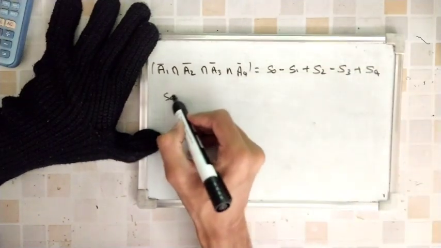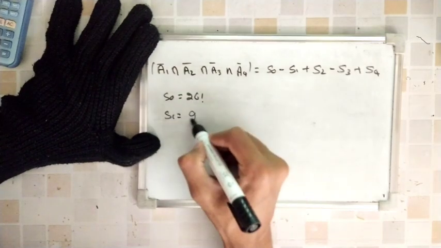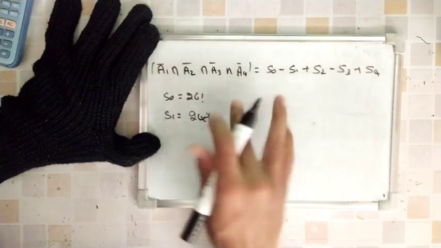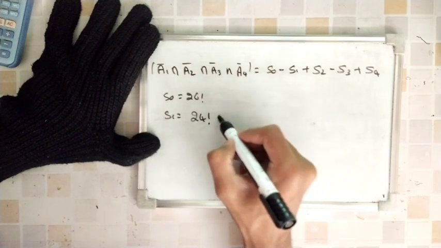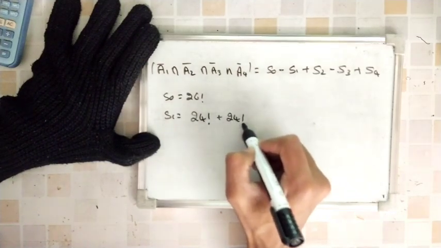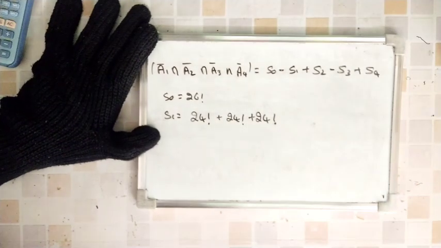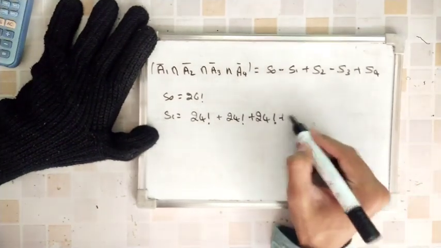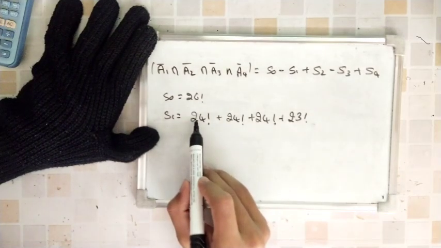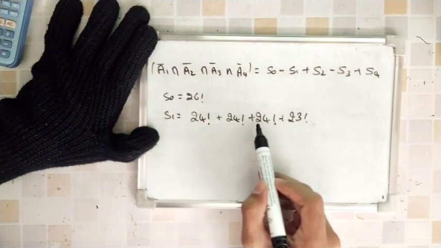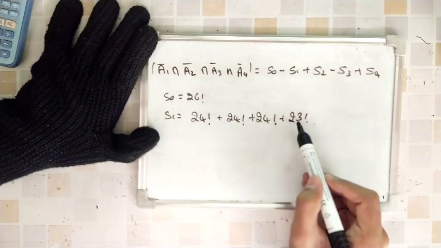So my S0 equals 26 factorial, S1 equals 24 factorial plus 24 factorial plus 24 factorial plus 23 factorial, A1 intersection A4, like that.